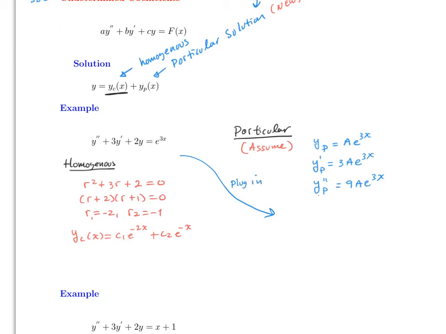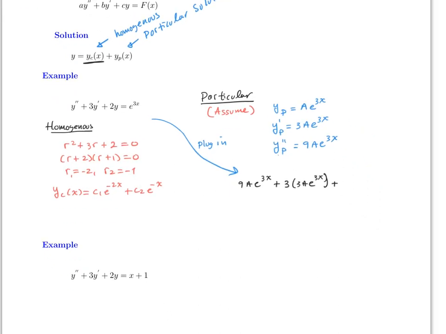If we do that, we will end up with 9a e to the 3x plus 3 times 3a e to the 3x, and then plus 2a e to the 3x, and then they should equal e to the 3x.